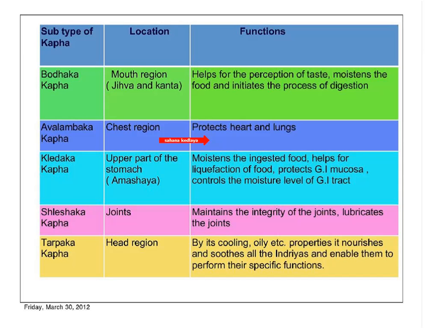That mucous fluid can be considered as the avalambaka kapha. Similarly, the lungs are also covered by two layers of membranes called the pleura, the parietal and the visceral pleura. In between these two layers, there is pleural fluid. That pleural fluid can be considered as the avalambaka kapha.